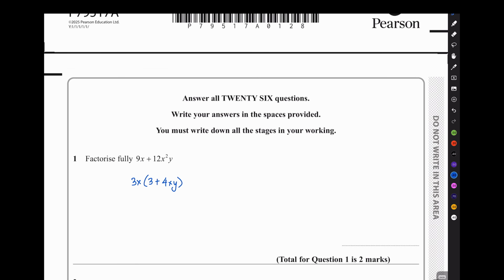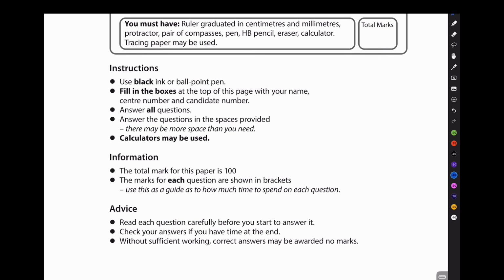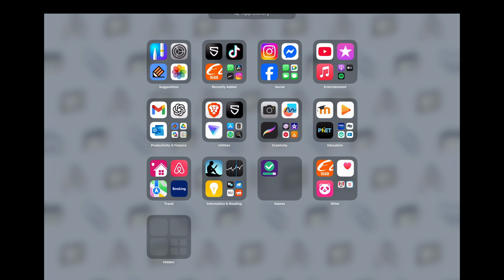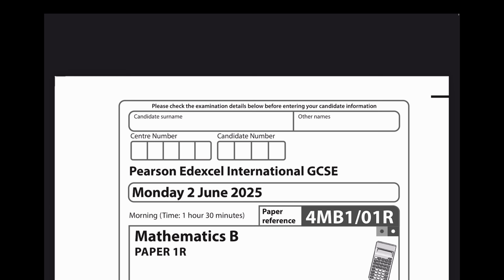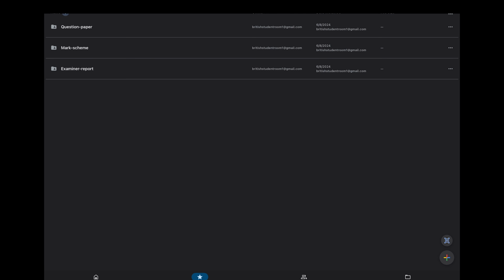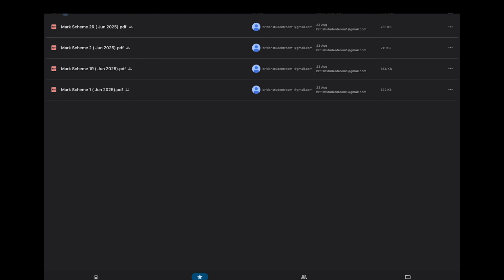I'm going to stop recording right here and then check against the mark scheme. Okay, let me just check it right now. It's 4 a.m. right now, so it took me exactly 2 hours to complete the entire paper. But I was talking a lot.